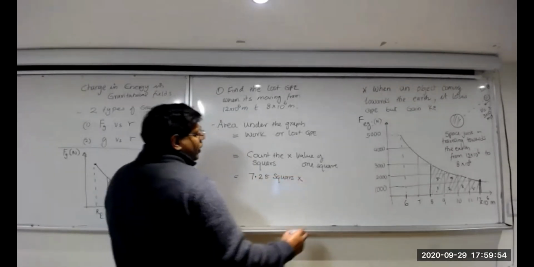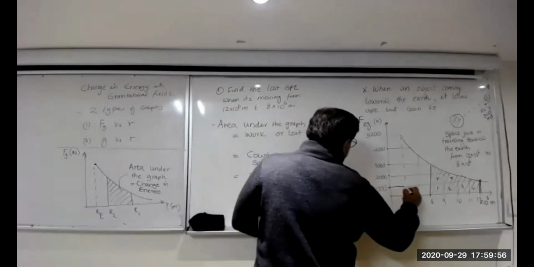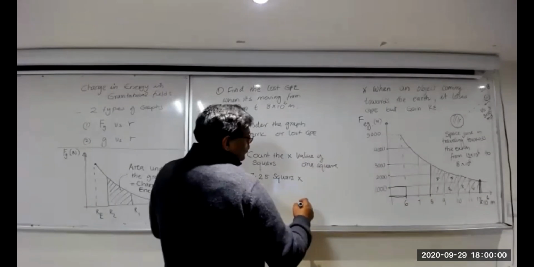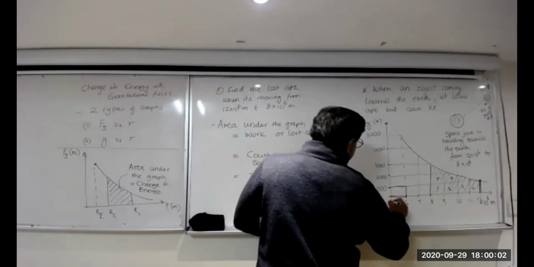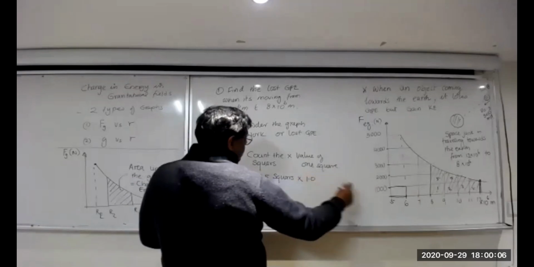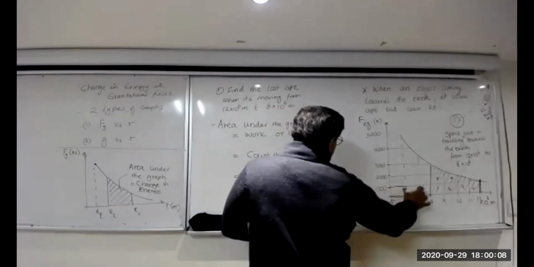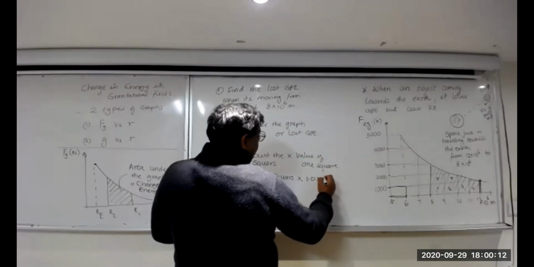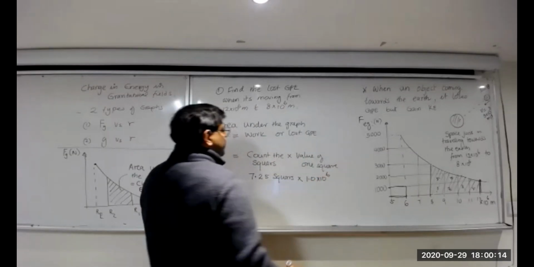Value of 1 square is going to be 1000 times 6 times 10 to the power 6. Oh no, actually it should be 1. It's the increment of 1. Be careful, that's another thing you have to be careful about. Look at what the increment is. Sometimes you can get the wrong value.